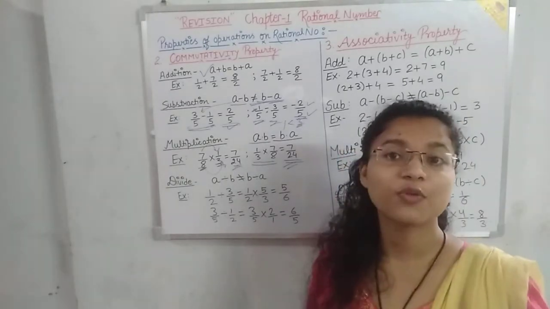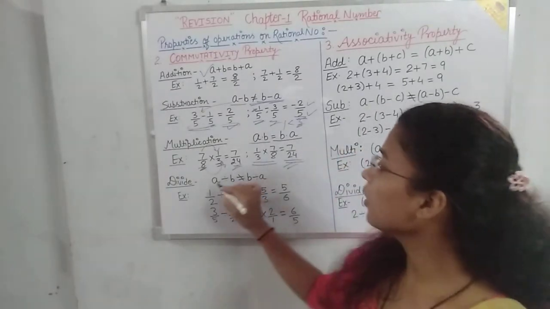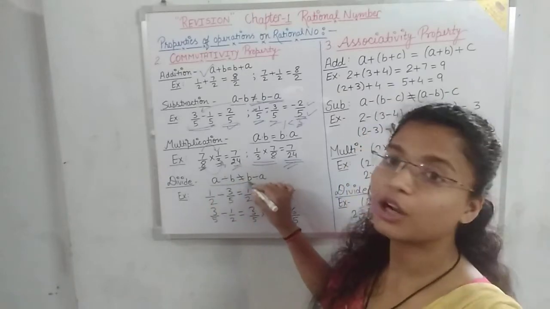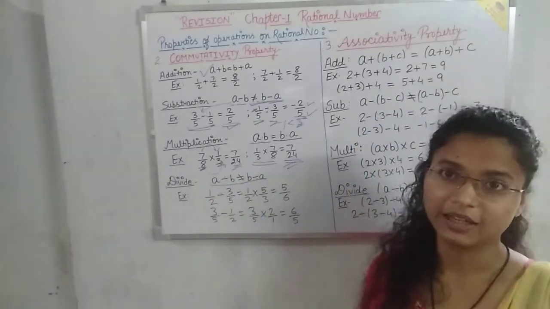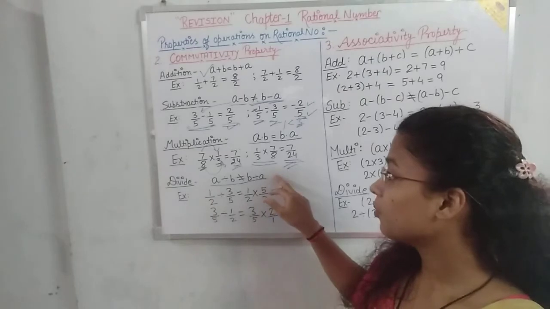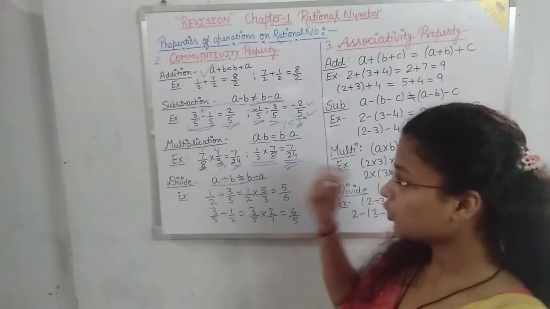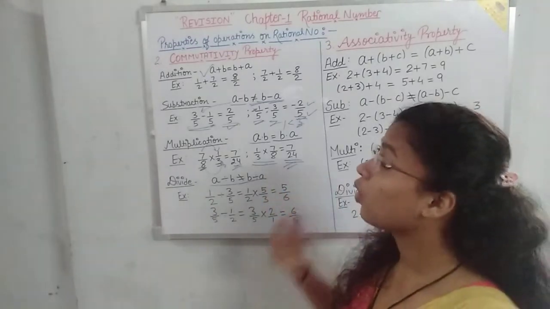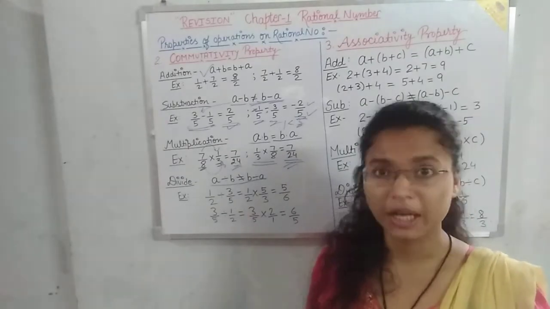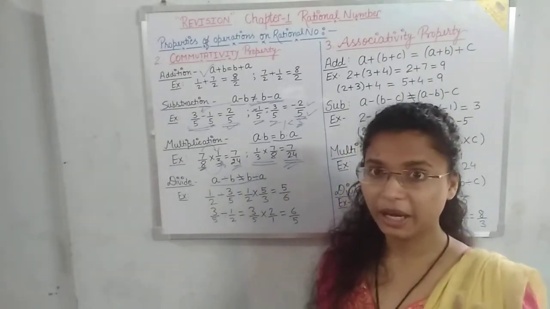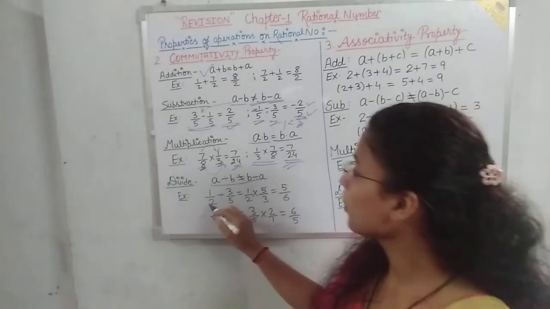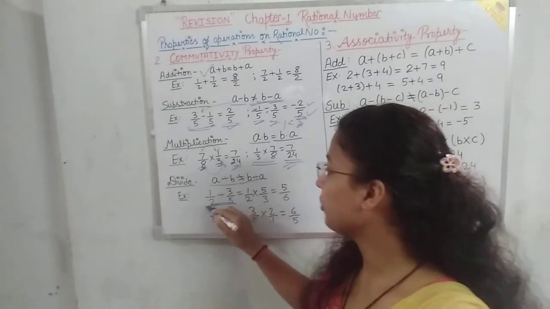Now the last is division. A divide b is not equal to b divide a. That means from this line you can say that division is not commutative for rational numbers. Let's understand it by an example. Suppose this is your a divide b.